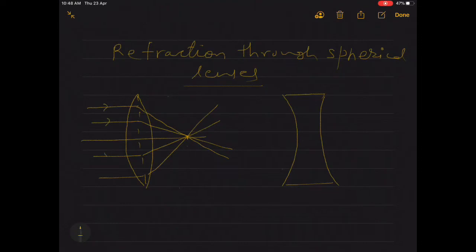And that point is known as focus. It's a real point. There we can see the rays converge and pass through the single point. So this lens is a converging lens.